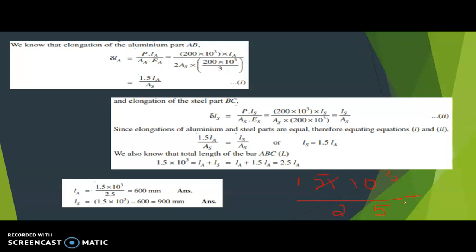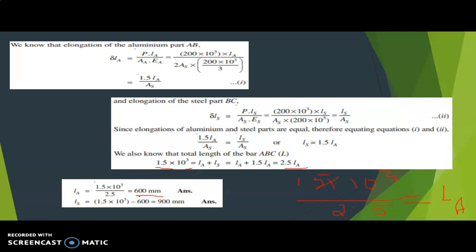That is equal to the length of the aluminium bar. Okay, so I have written this and this, you consider these two. If you simplify, you will get the length of the aluminium bar is equal to 600 mm.